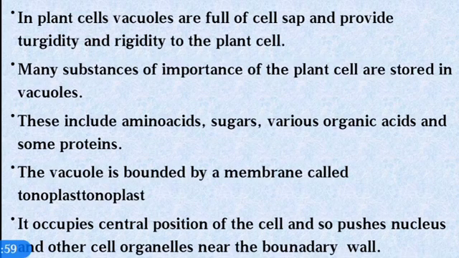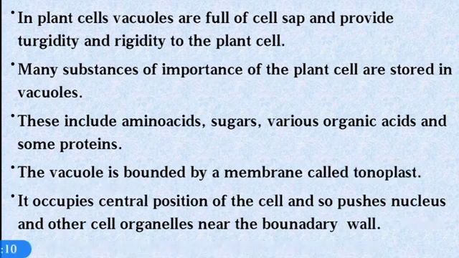Then, in plant cells, the vacuoles are full of cell sap and provide turgidity and rigidity to the plant cell. Turgidity means the pressure exerted by the flow of water in the plant cells.